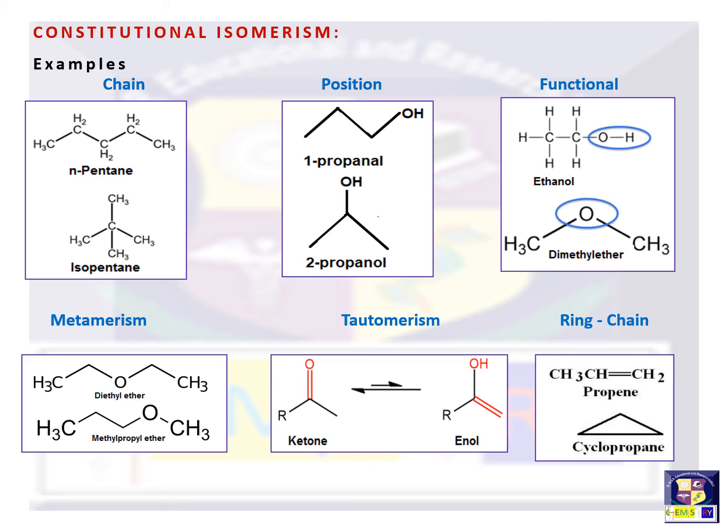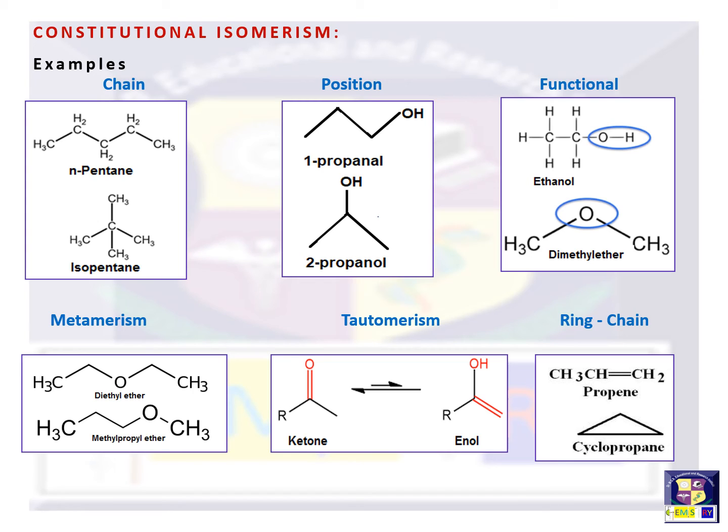A few examples of constitutional isomerism are given here. For chain isomerism, n-pentane and isopentane are given. For position isomerism, 1-propanol and 2-propanol are given, where the position of the functional group attached to the chain is different. In the case of functional isomerism, ethanol and dimethyl ether are given as examples.